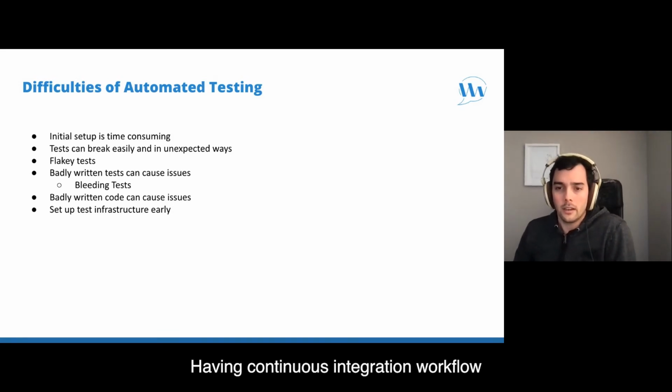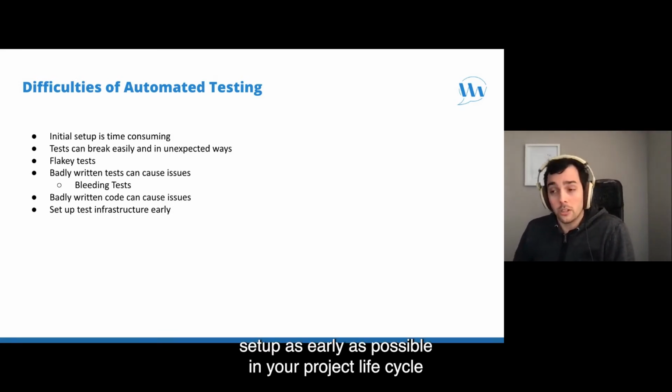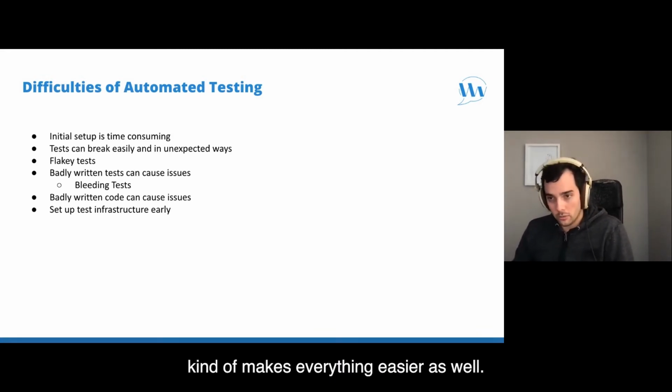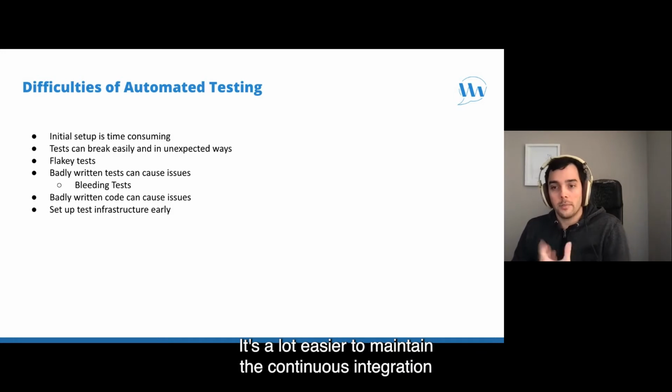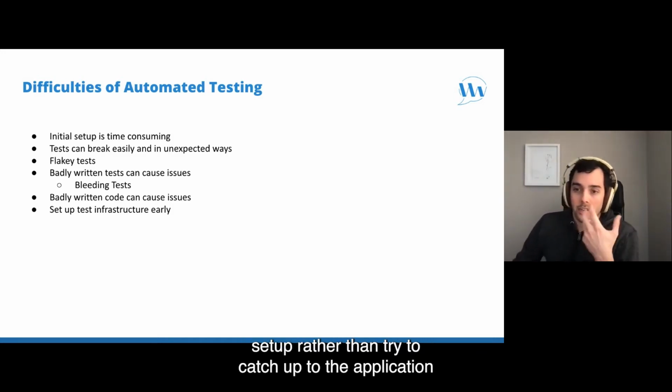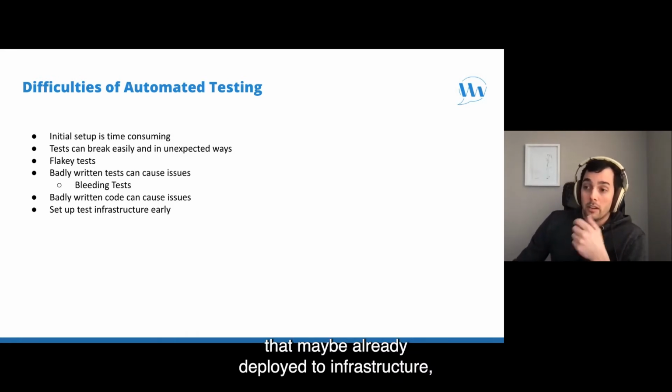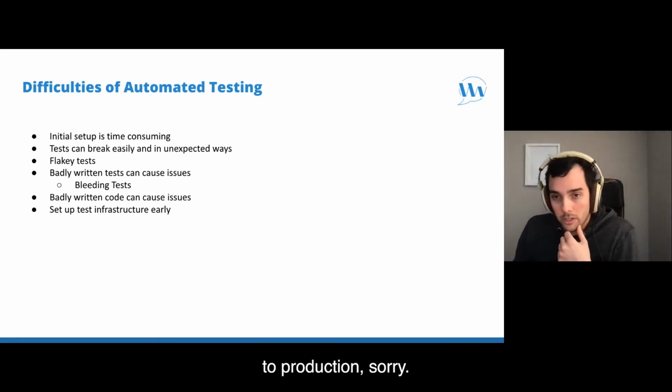Having a continuous integration workflow set up as early as possible in your project lifecycle makes everything easier as well. It's a lot easier to maintain the continuous integration setup rather than try to catch up to the application that may be already deployed to production, sorry.